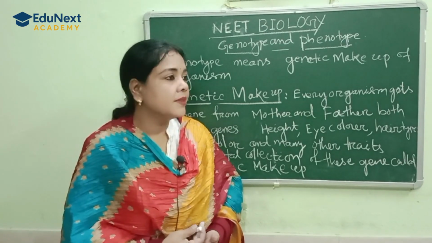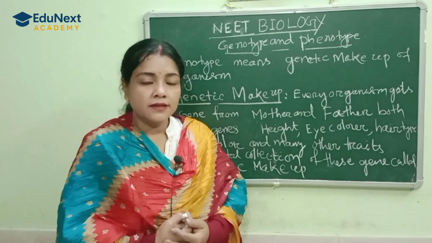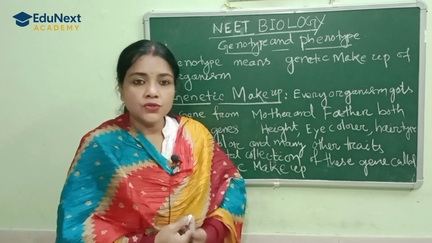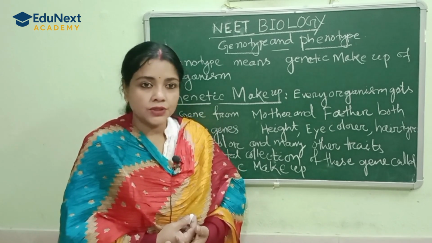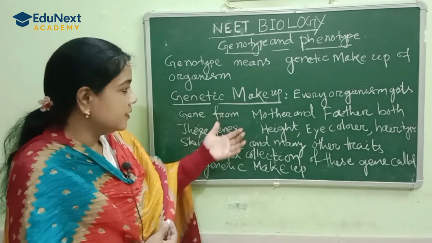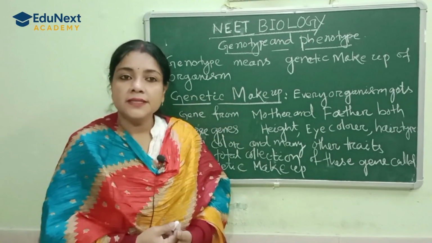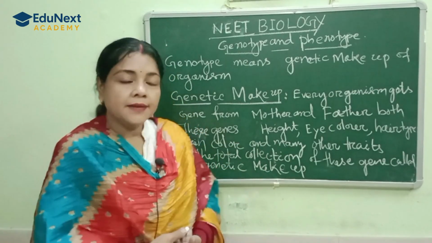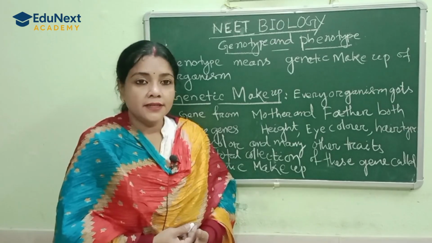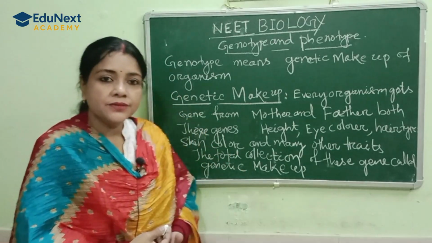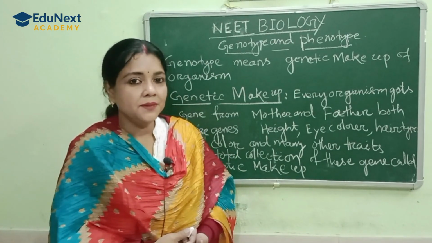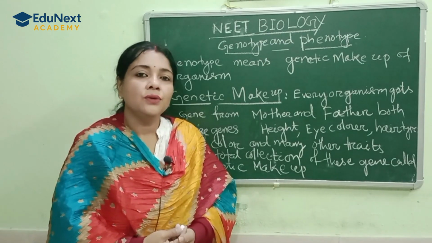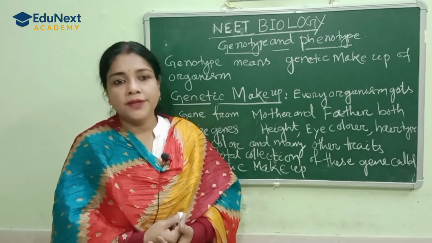Every organism brings some genes from its parents, mother and father both. These genes may decide your height, eye color, hair type, skin color, etc. The total collection of these genes is called genetic makeup. That means genetic makeup is the total set of traits you bring from your parents.